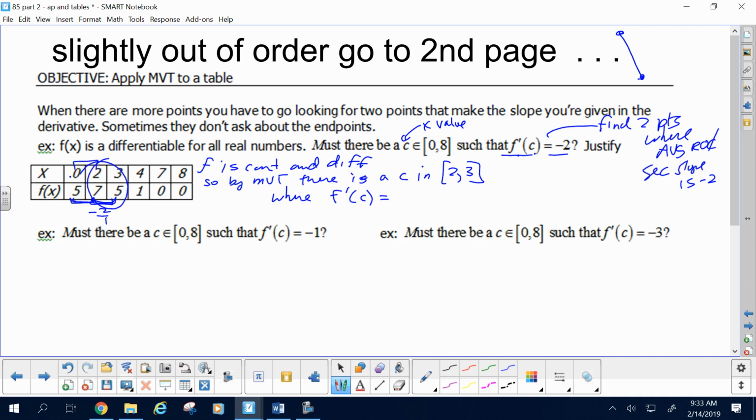We don't just say, hey, -2, take my word for it. We have to show the average rate of change part over here. So when we said the slope was -2, we got that by saying f at 3 minus f at 2 over 3 minus 2. That was where I got -2. And you do have to kind of show where -2 came from. You follow? Okay.